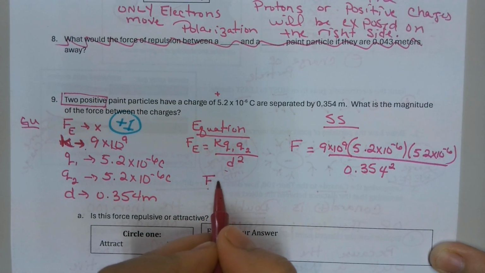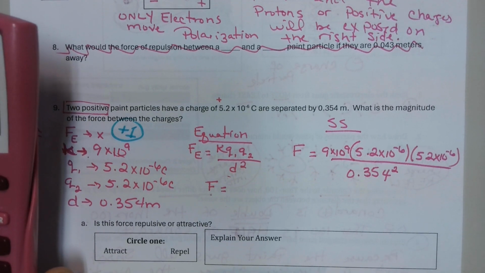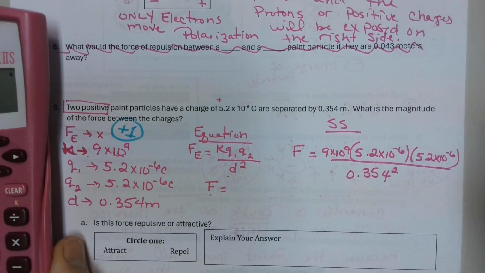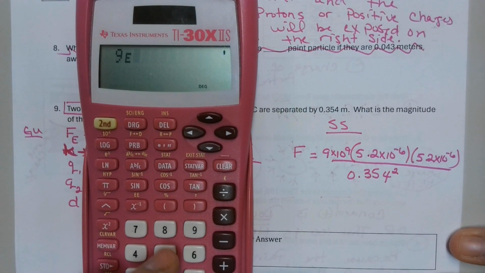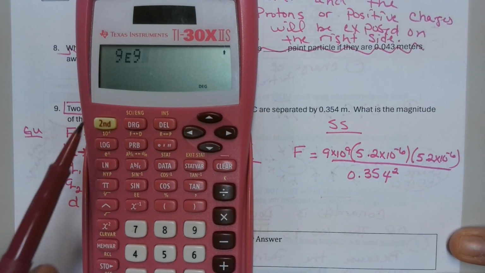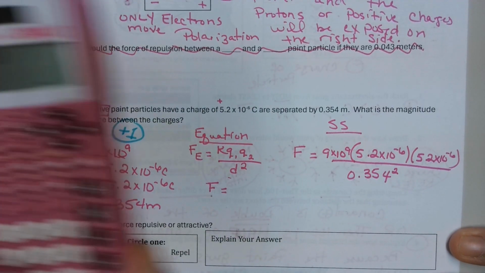All right, so I'm going to put it in the calculator at the same time as you should be. I'm going to do the top of the fraction first, and then the bottom of the fraction, just so I do every single one of the steps. 9E9, no negative, just the 9. Parentheses, these are both positive numbers.